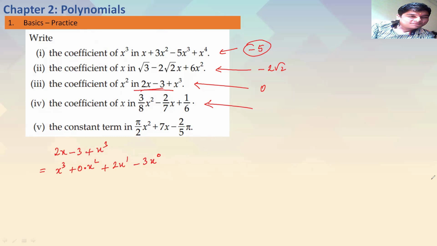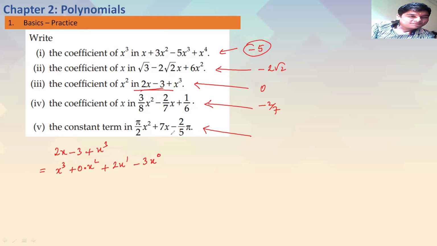What about this one? Coefficient of x is minus 2 by 7. And what is the constant term? Constant term means the coefficient of x power 0. There's no x power 0 visible here, but it is there.